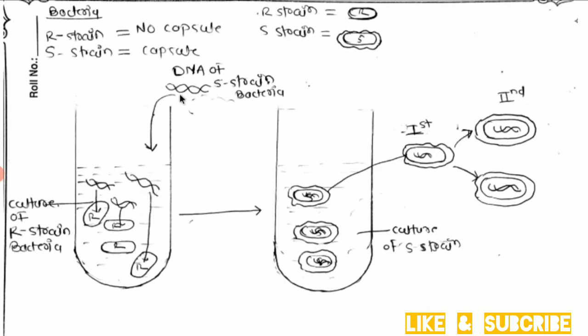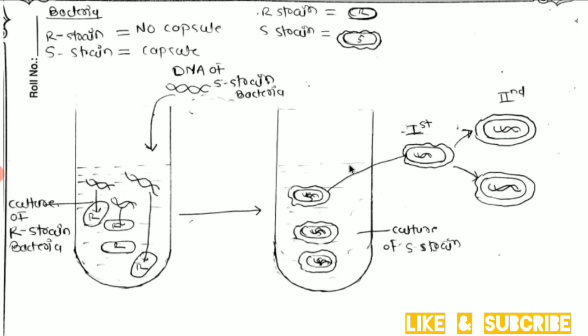So when we add this DNA into the culture of R, the R bacteria take up this DNA and convert into S bacteria. How? We already said this DNA has the information about the production of the capsule. So when it is taken up by the R bacteria, they also become capable of producing the capsule, and that's why they convert into the S strain.